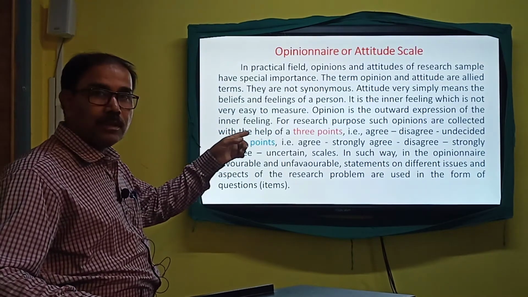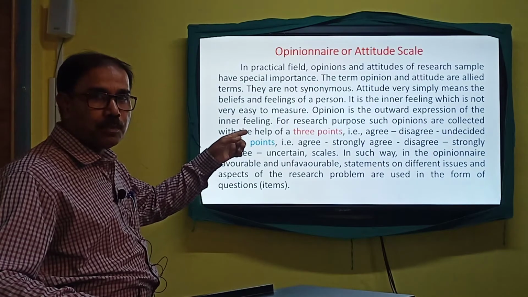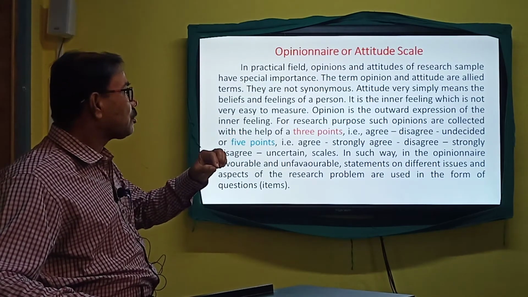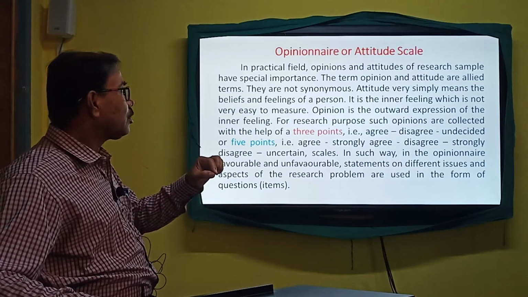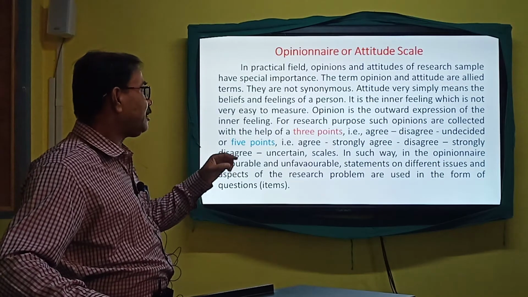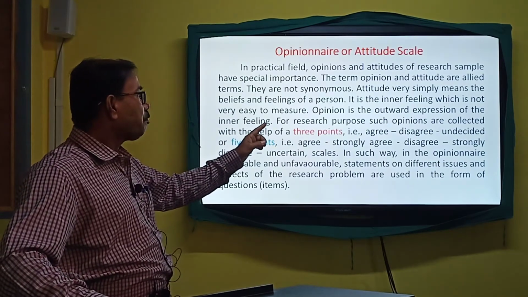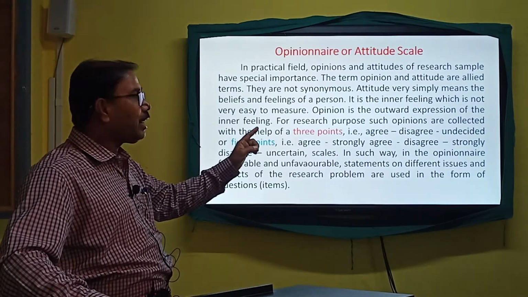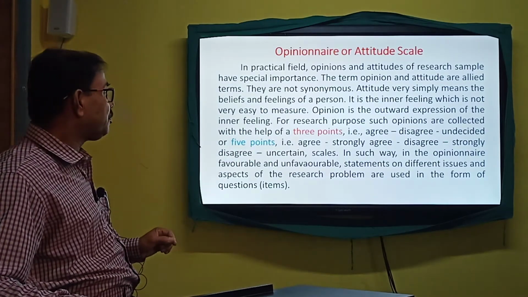Opinion is expressed at the time of collecting data and the respondent is asked whether they agree or disagree. They are to simply specify. So these are the 3 points of specification: first one, agree, disagree and undecided.